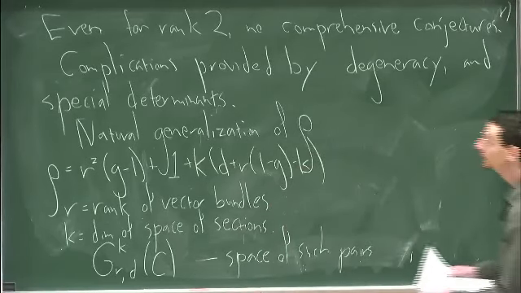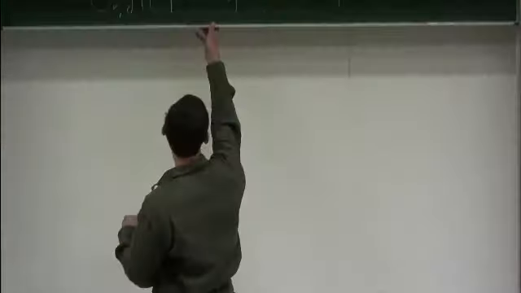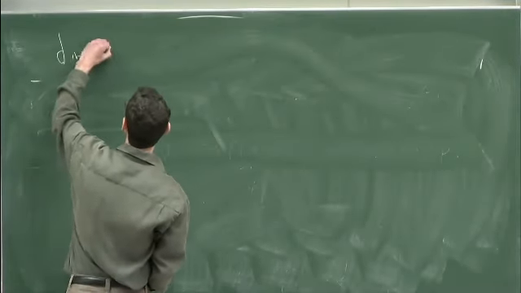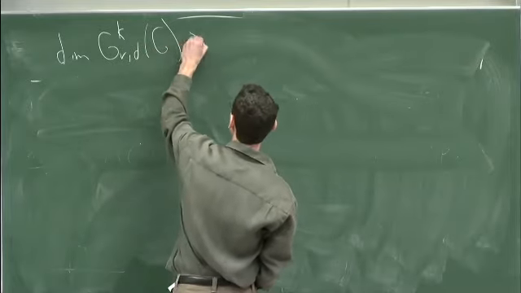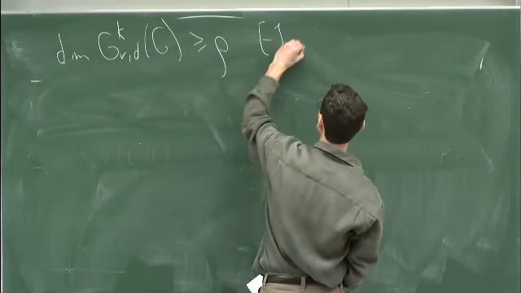And so what can we say? Well, we do know that this always has dimension at least rho, or rho minus 1, depending on whether or not you like stacks. So the dimension of G, R, D, C is always greater than or equal to rho, again, minus 1 if you like stacks.